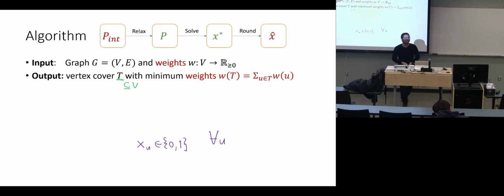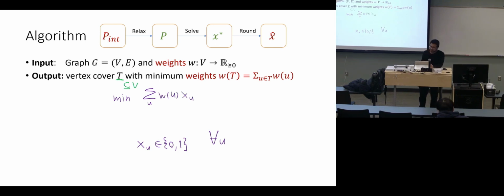Okay. And now, because we want to minimize, what we want to minimize is the sum over all nodes u of the weight w_u times x_u. So we want to minimize the total weight of the nodes that you choose.